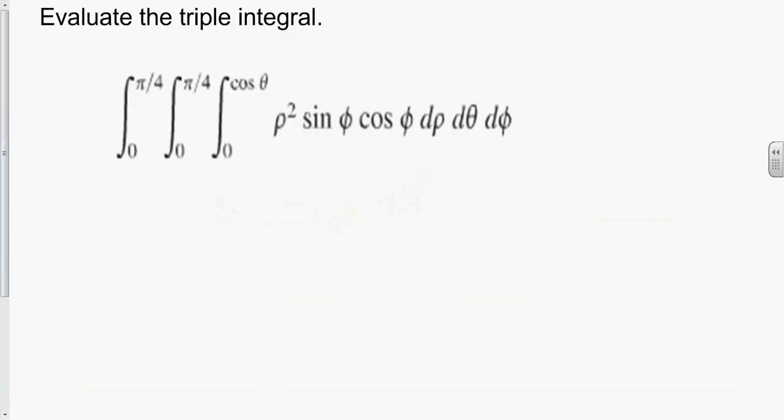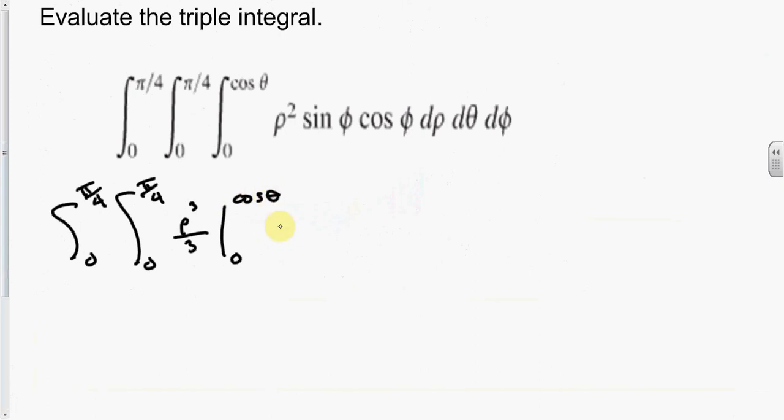Well, here, this is a triple integral that's in spherical. Let's see if we can solve this. So this is the integral from 0 to pi over 4, then the integral from 0 to pi over 4. We're going to integrate first with respect to rho. That becomes rho cubed over 3. Here, rho is evaluated from 0 to cosine theta. This is sine phi, cosine phi, d theta, d phi.